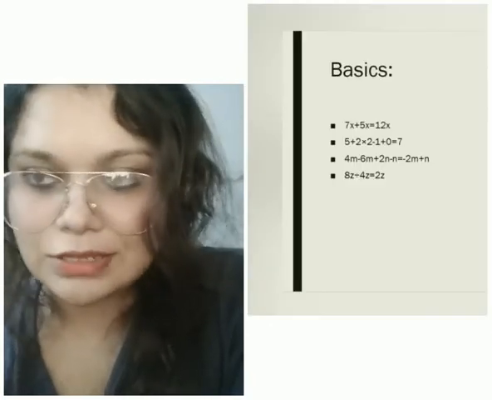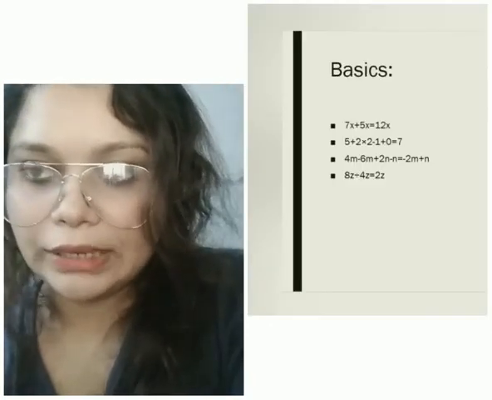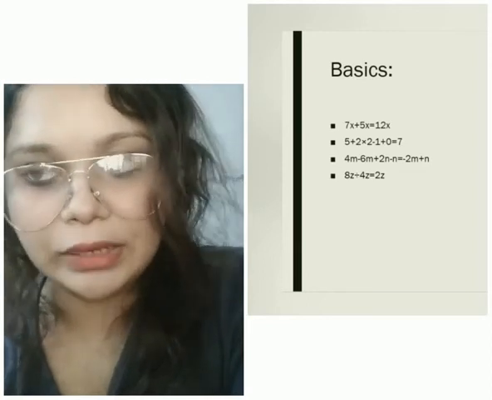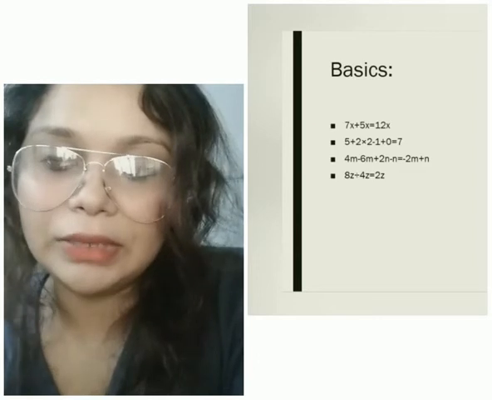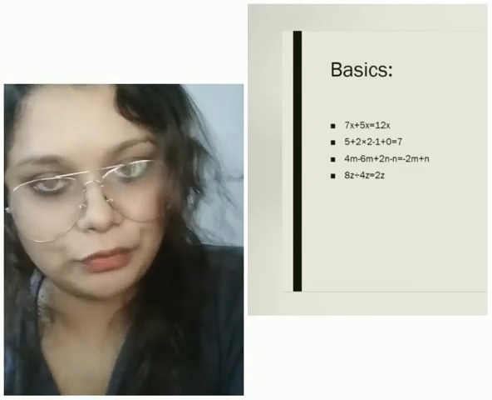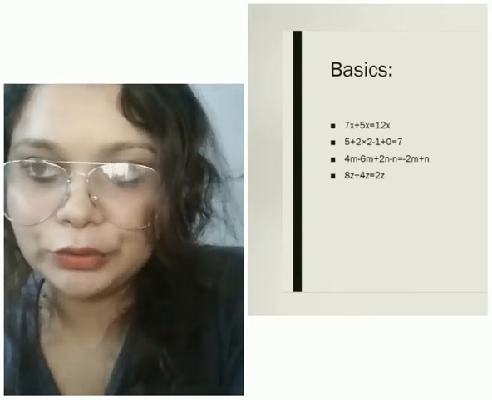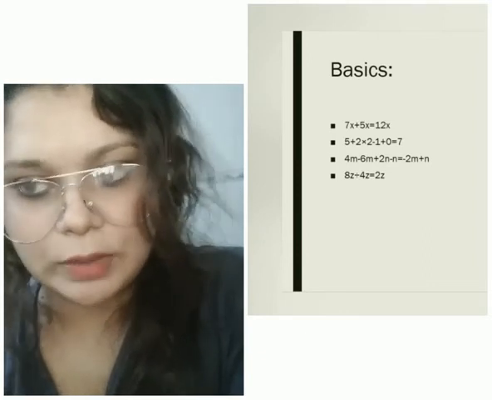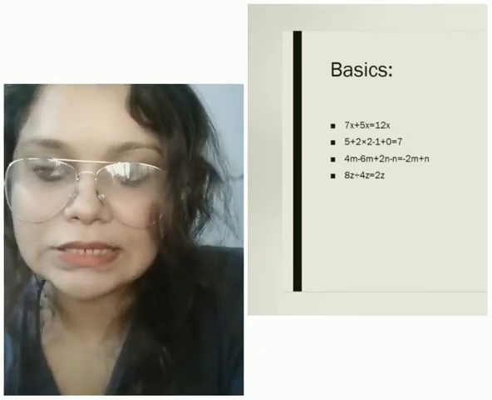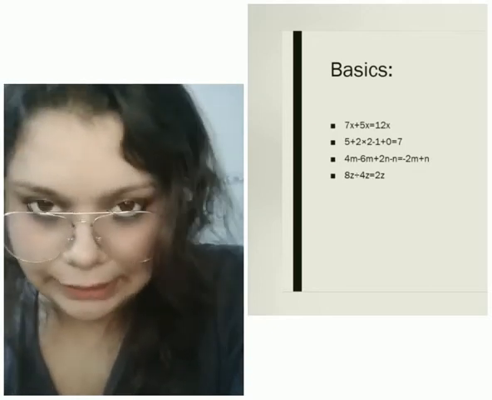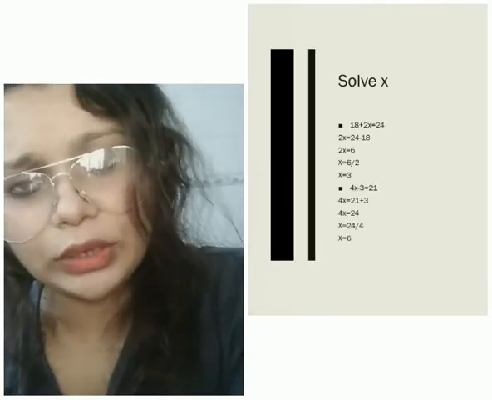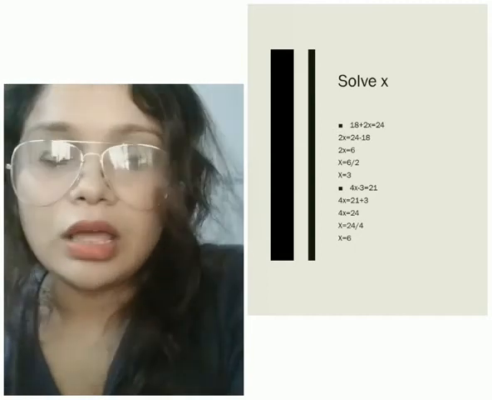So 2 open bracket, in the place of x I'll be writing 4, which is the given value, and I'll be writing 5 in the place of y. So 2 into (4 + 5). Next step, what is 4 plus 5? 4 plus 5 is nothing but 9. So 2 into 9 is 18.